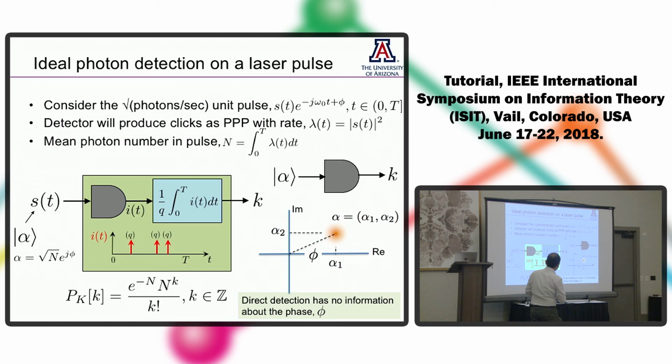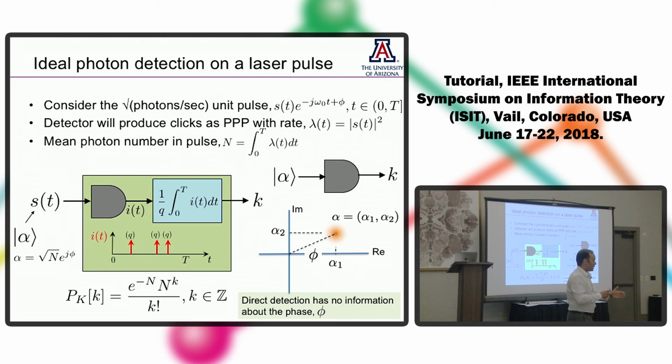So what happens is that this 0 to T, let's say, is your pulse duration. So the integral of magnitude S of t squared dt over 0 to T is our mean photon number. I'm going to get a Poisson point process with rate lambda of t, meaning magnitude S of t squared.